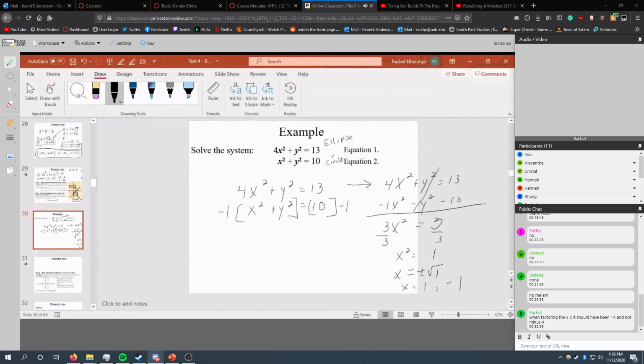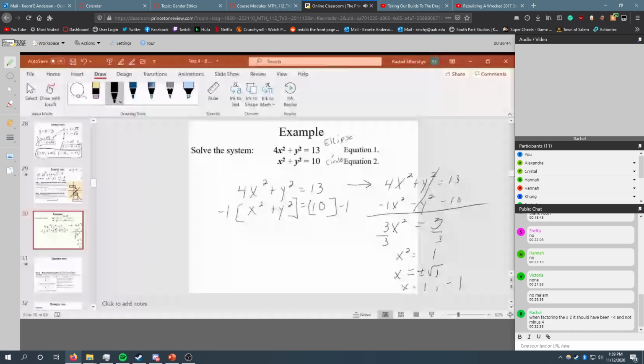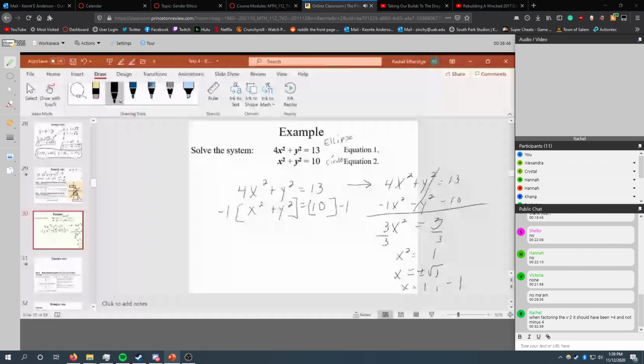So we've got to plug that back into one of the equations and figure out what our y is going to be. So I'm going to take the x equals 1 and I'm going to plug it back in to this equation. So that's going to give me 1 squared plus y squared equals 10.